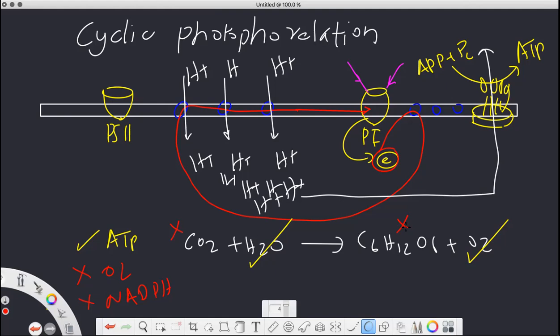Now we come to the next lesson, the light independent reaction, which means it doesn't need light. You can understand that the energy produced during the light dependent reaction, ATP plus NADPH, is needed for this reaction to fix carbon dioxide.